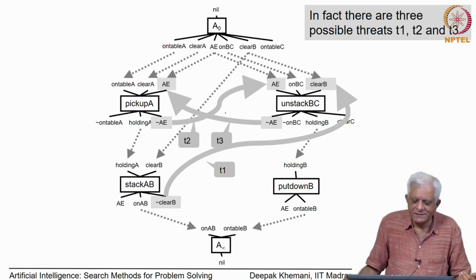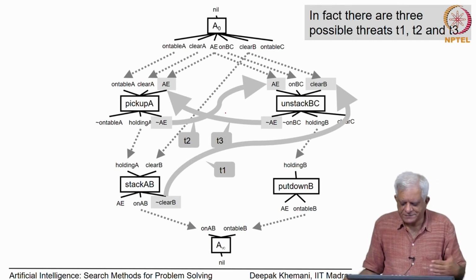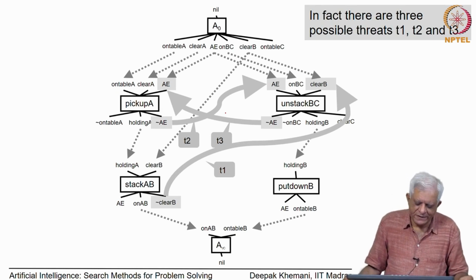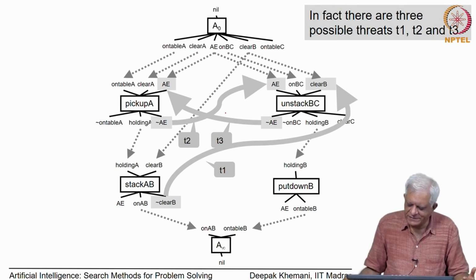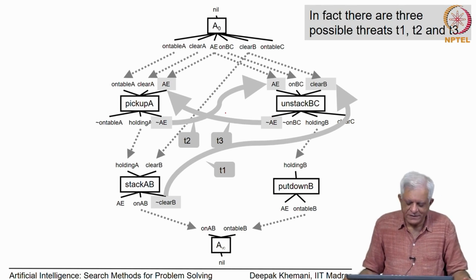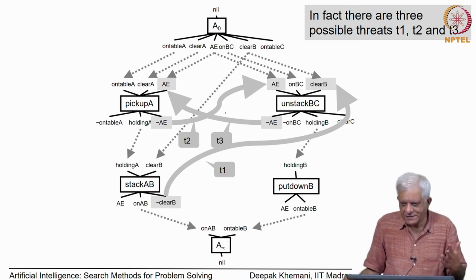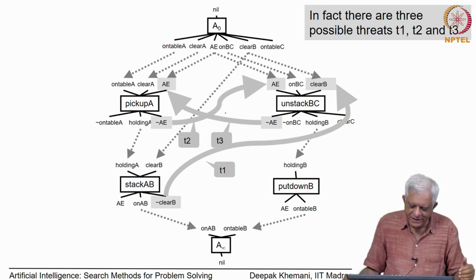It is not surprising that this is the case, because the problem that we have defined, the domain we are working in, the strips domain, it works with a one armed robot, and this one armed robot can only handle one thing at a time. So, the moment it picks up something, its arm is no longer empty, and if some other action wanted arm empty, then clearly there would be a threat somewhere, and we can see that there are 3 threats here in this case.